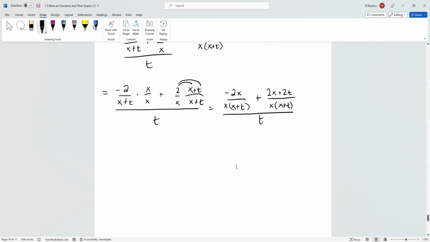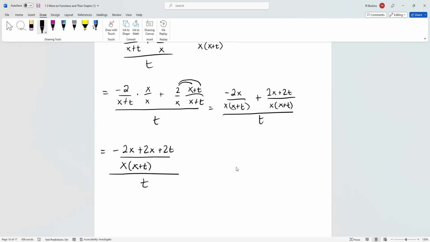Now that they both have the same denominator, I can put them together. So minus 2x plus 2x plus 2t, all divided by x times x plus t, all divided by t.